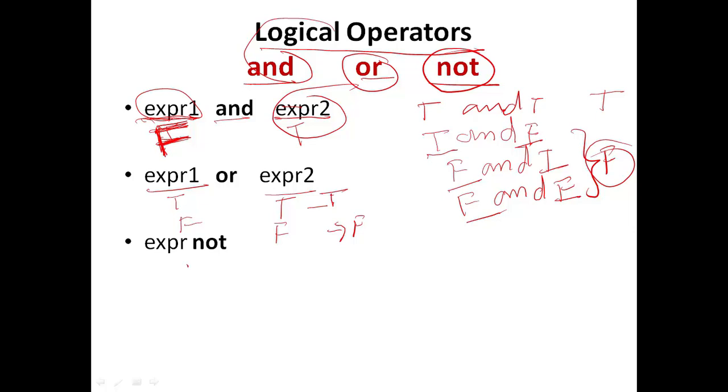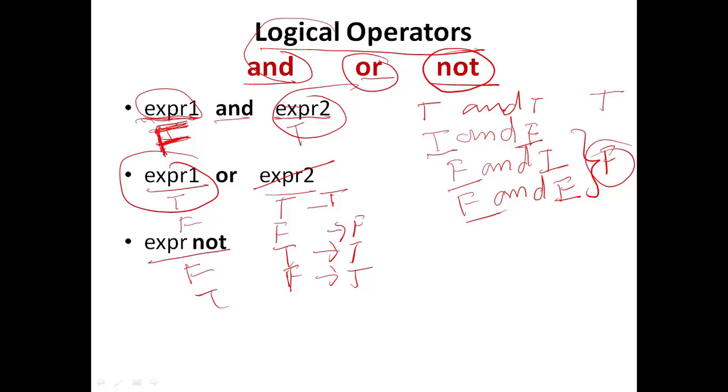And if both are of different values, the answer will be true. Again, it is a short circuit operator. That means if the left hand side evaluates to true, the right hand side will not be evaluated.